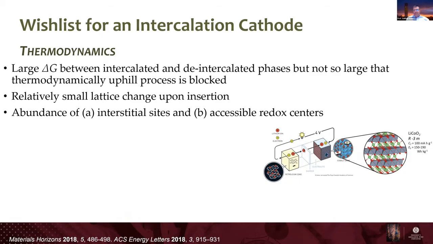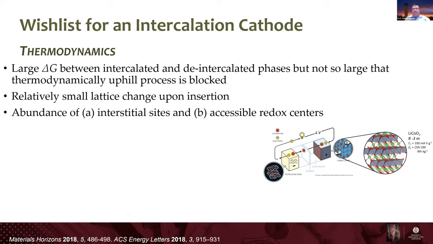Okay, so if I distill this down, there are a few things we have to worry about in familiar terms of thermodynamics and kinetics. On the one hand, we need to have large delta G between intercalated and deintercalated phases, but not so large that the thermodynamically uphill process becomes blocked.